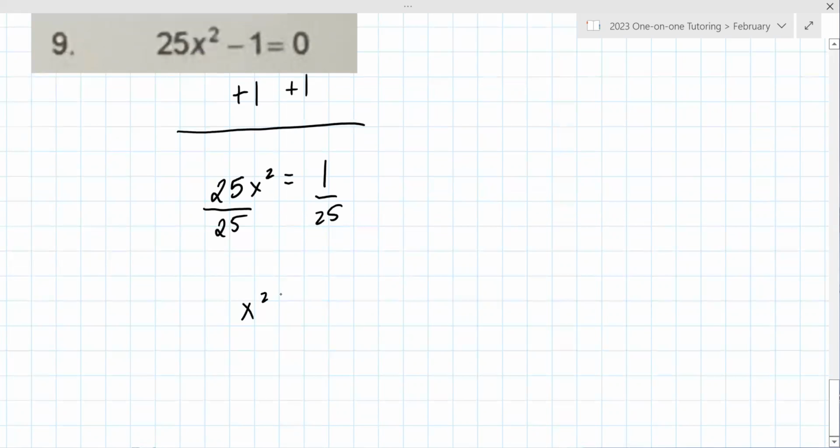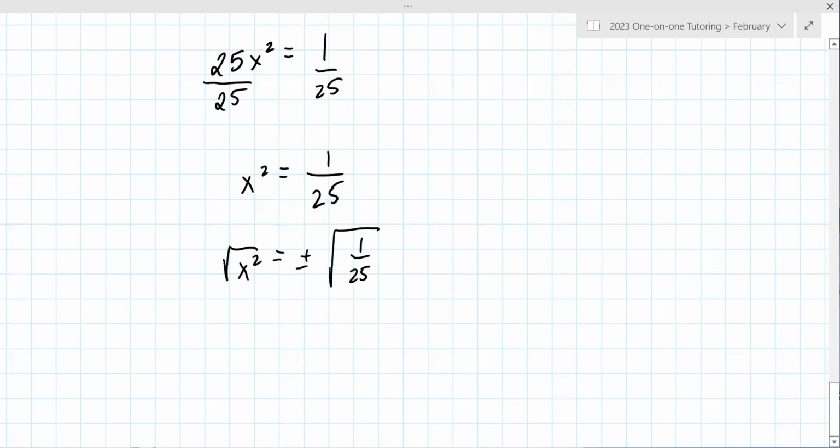It does work on occasion. So you take the square root of both sides, and then you take the square root of both the top and the bottom. So it's 1 over 5, plus or minus.